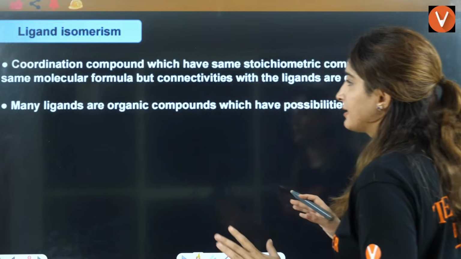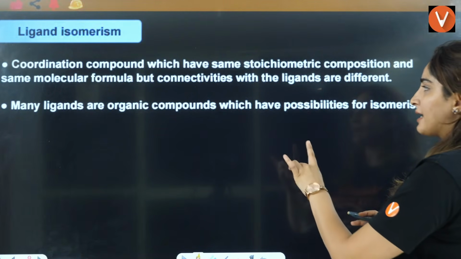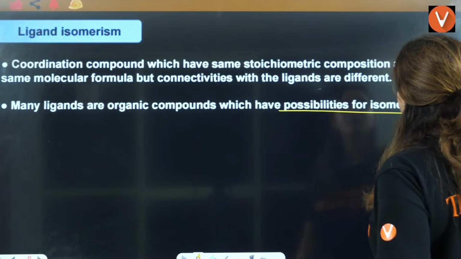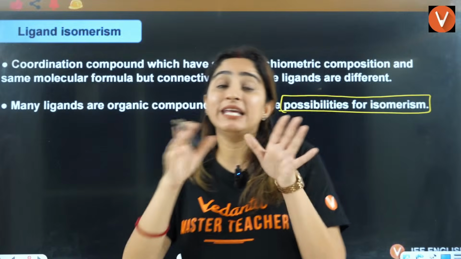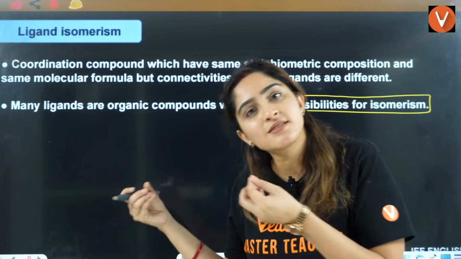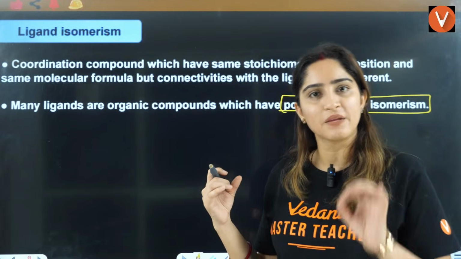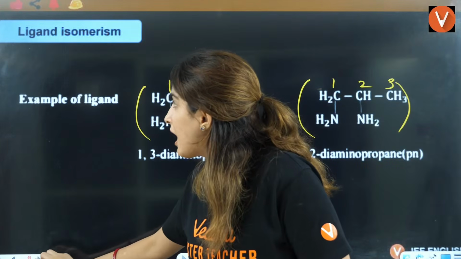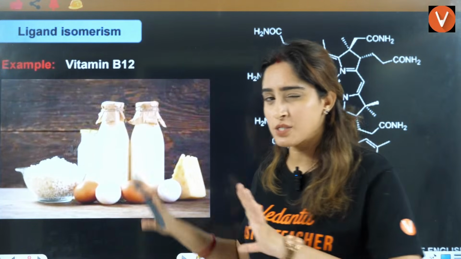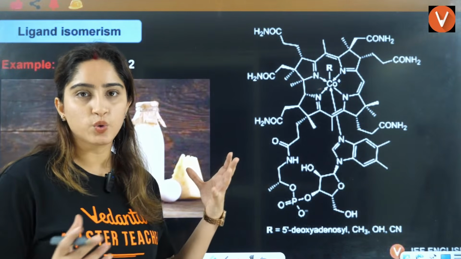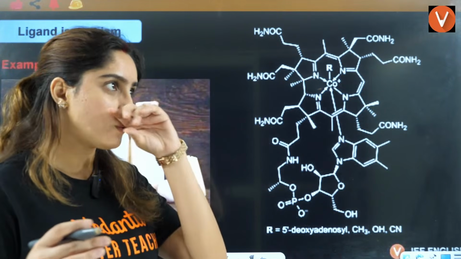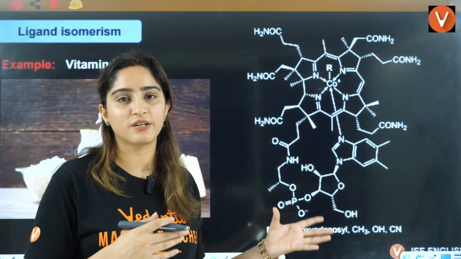Many ligands are organic compounds which have possibilities for isomerism, and those ligands will show you ligand isomerism because the ligand itself is existing in isomerism, right? Last one, this is one of the examples of ligand isomerism. They can ask you this in JEE Advanced as well. It's not like they will ask you this question directly.